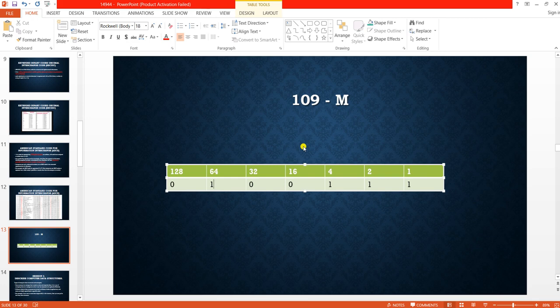So how many times does 32 get into 109? Once. So we need to take 45 minus 32, that's 13. And how many times does 16 get into 13? 0. How many times does 4 get into 13? Get into ones. So we need to take 13 minus 4, and that is 9.